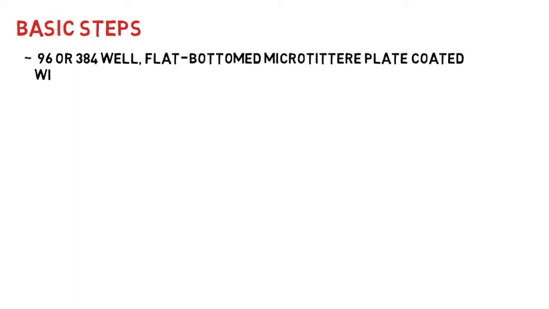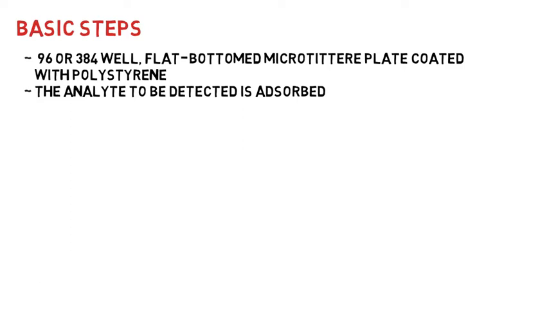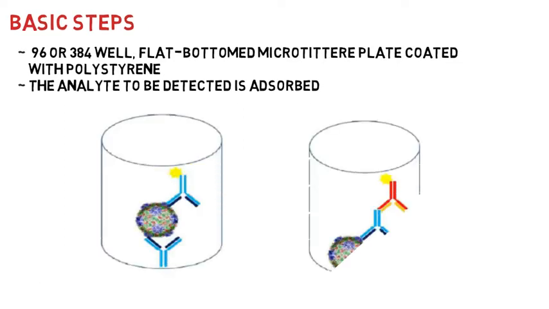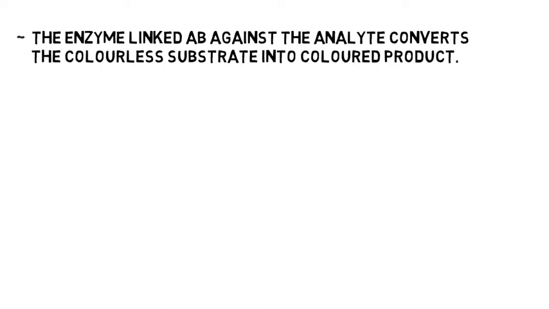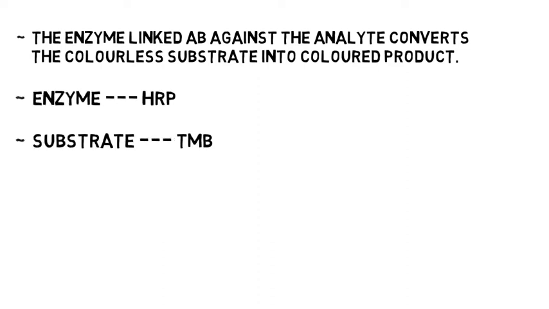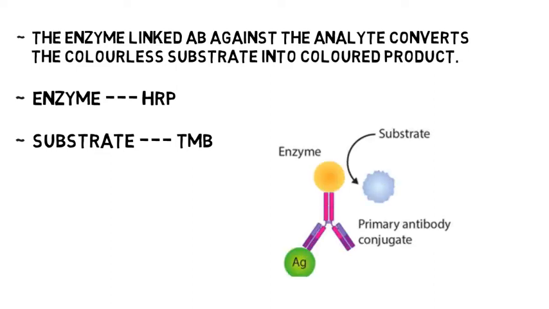For the ELISA test, we need a 96-well flat-bottom microtiter plate coated with polystyrene. The analyte to be measured, which can be an antigen or antibody, is adsorbed on the plate. Then an enzyme-linked antibody is raised against the analyte that converts colorless substrate into a colored product. The enzyme can be horseradish peroxidase and the substrate is TMB.